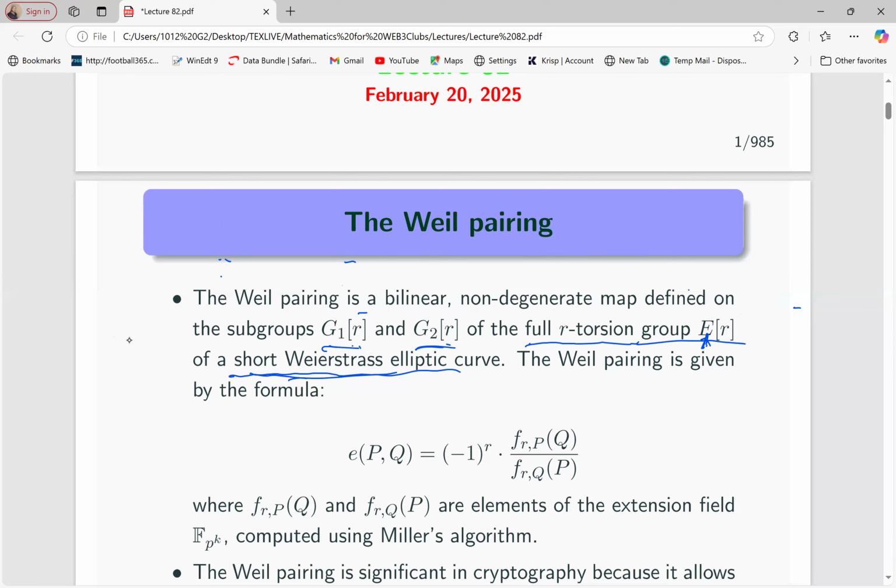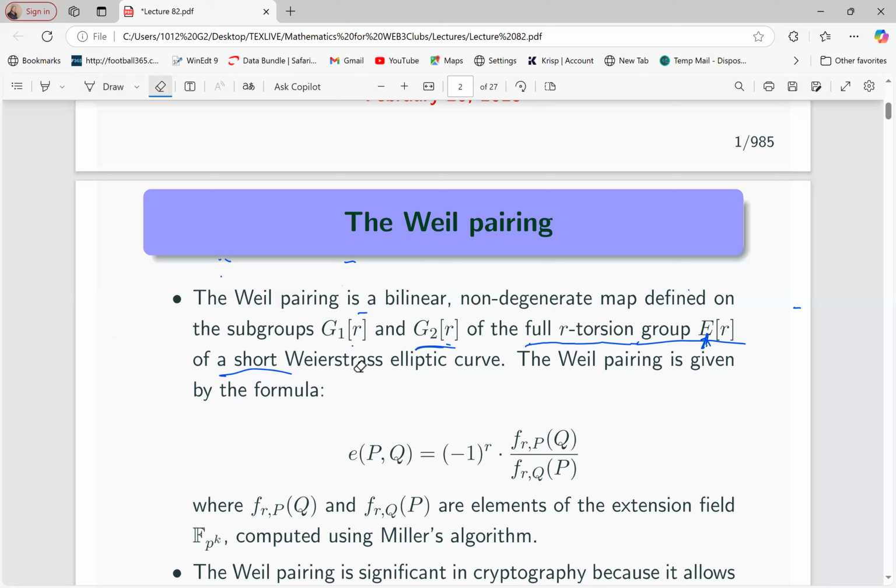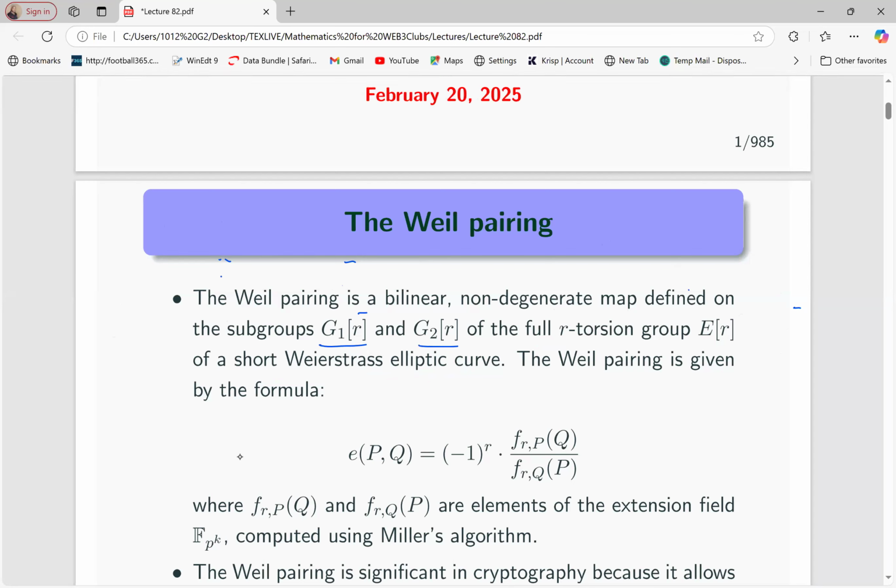Of course, the other forms that we talked about are also used in some cases, and they are very secure. But for the Weil pairing, it has to be in this form, not in the other forms we talked about. Once you have the elliptic curve in the Weierstrass form, you only need to get G1 as we did last time and G2 as we did last time, and then Weil pairing will be defined this way.